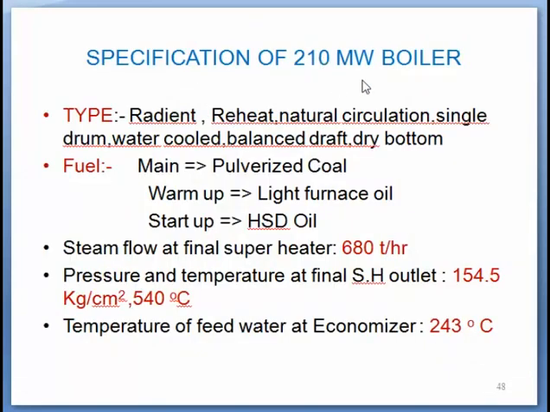The specification of the 210 megawatt boiler: basically it is a radiant type, reheat because we are using a reheater, natural circulation. Generally in a 210 megawatt boiler we are not using any circulating pump or CW pump. It is single drum, water cooled, balanced draft and dry bottom.